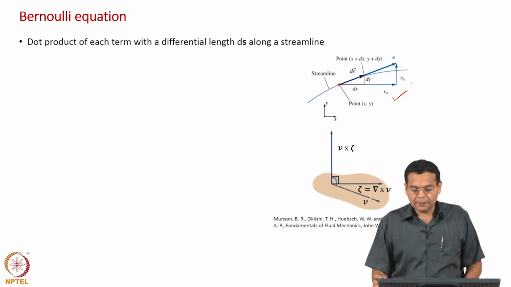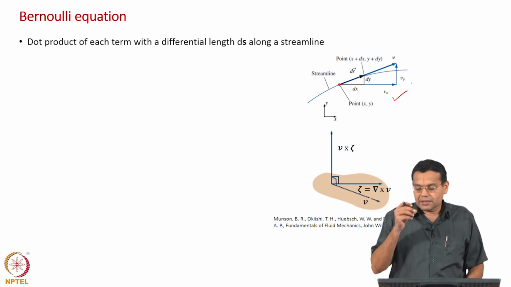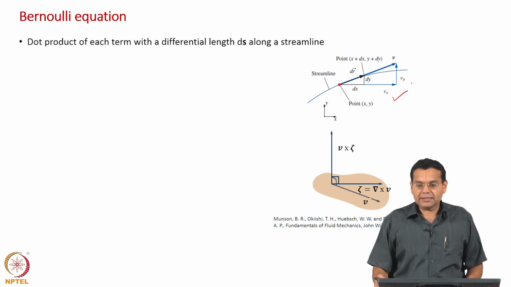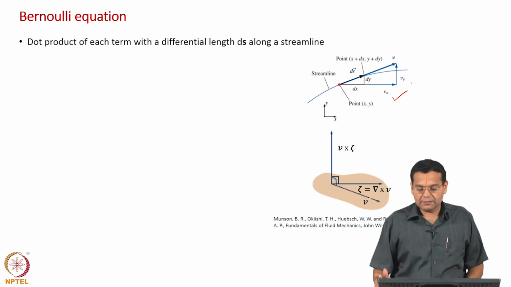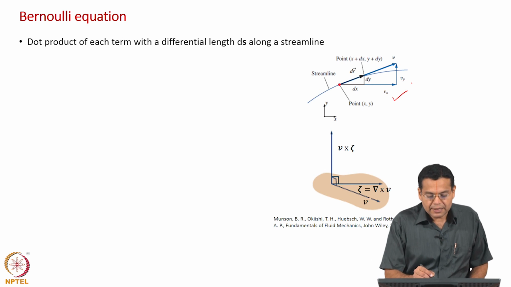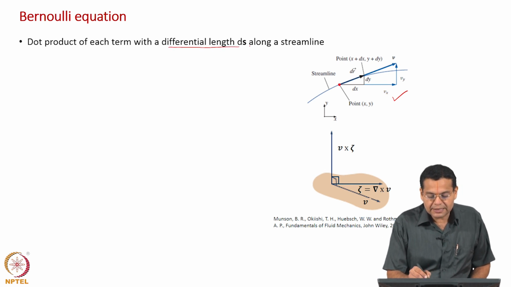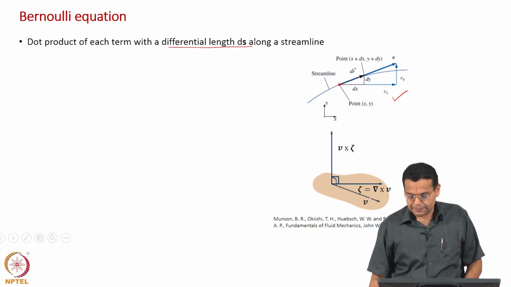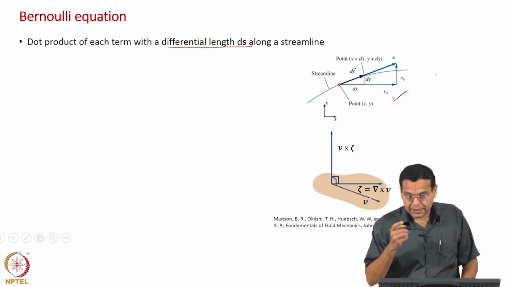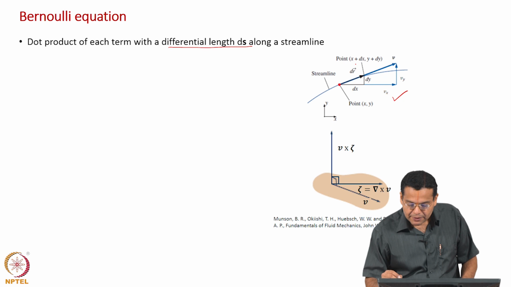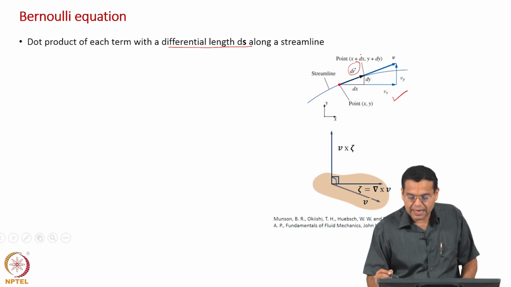If you recall, a streamline was defined in such a way that at any point if you draw a tangent, you get the velocity vector. Now we are considering a differential length ds vector, and in our earlier discussion on streamlines, that differential length was shown as dr vector.